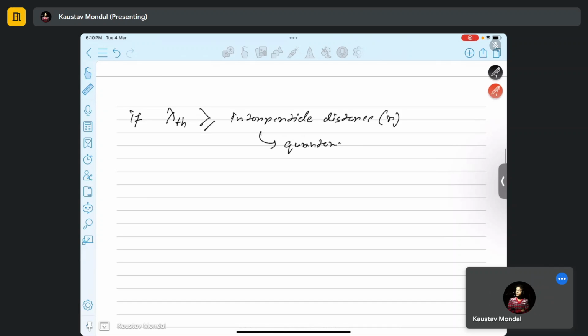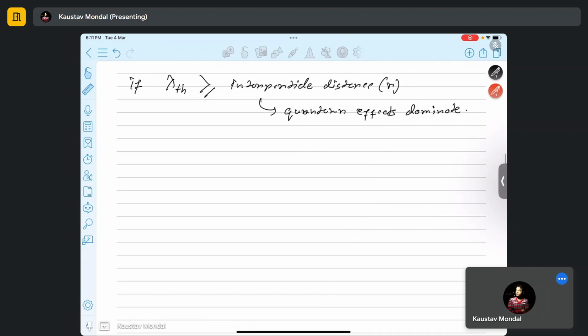So for this case, quantum effects are dominant, like a quantum gas or something like that.